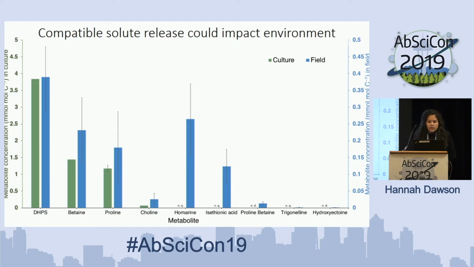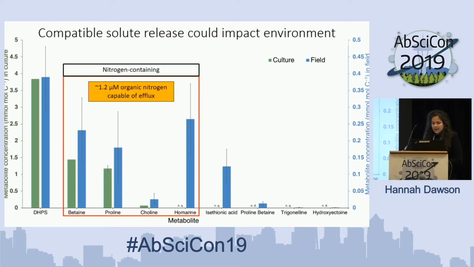And just to give you an idea of the scale of the concentrations of these compounds out in the environment and their potential to impact the environment, I want to remind you that these are highly mobile compounds that can be rapidly dumped from cells, such as during the spring melt when they're introduced into those warmer and fresher conditions. And they can dump up to 80% of their compatible solute inventory in less than an hour.